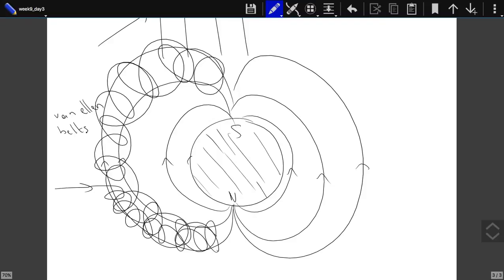The oxygen and nitrogen will be excited due to these collisions, and then they will lose energy, emitting light. And so you get the northern lights. You see, they do approach Earth in these regions, which is close to the atmosphere.